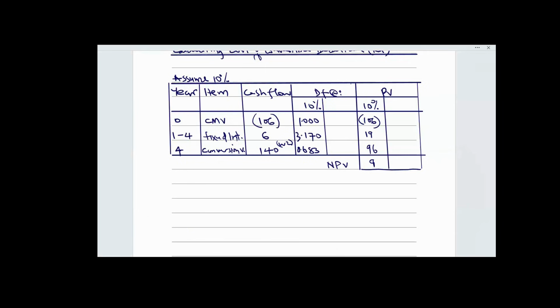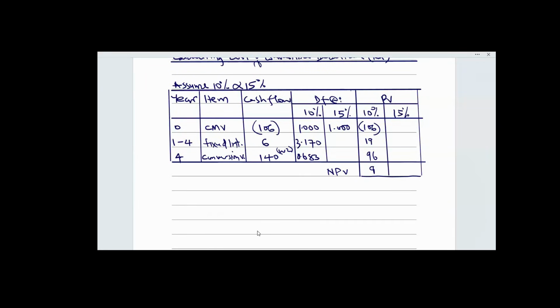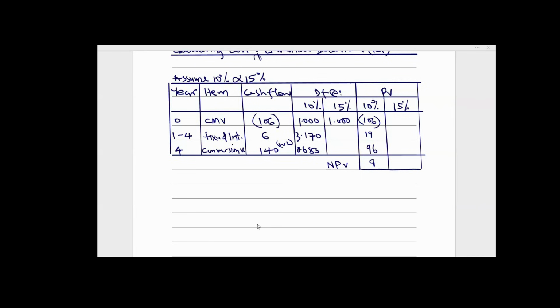Then let's assume a higher discount rate of 15% to get a negative NPV. Somebody should give me an annuity factor of year 1 to 4 at 15% quickly. 2.855.